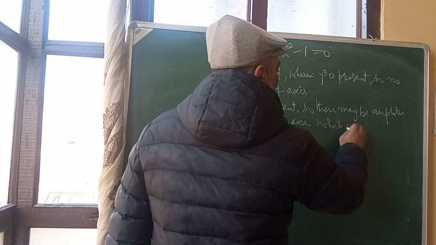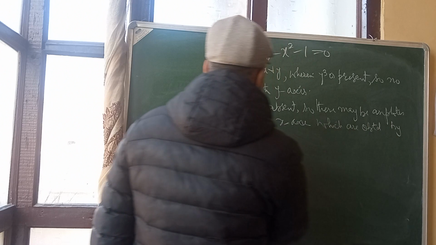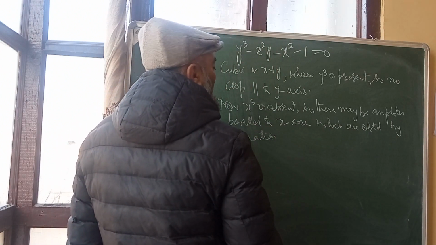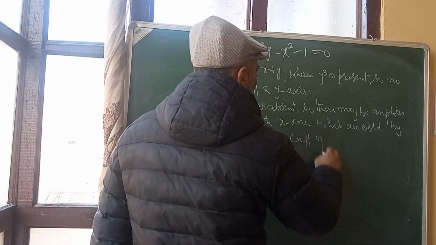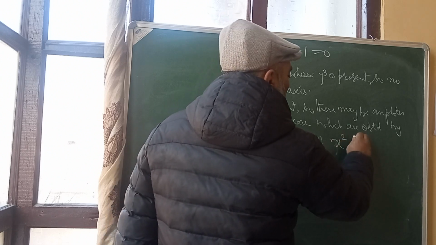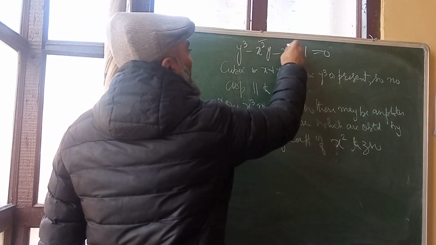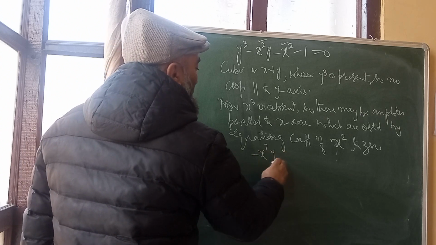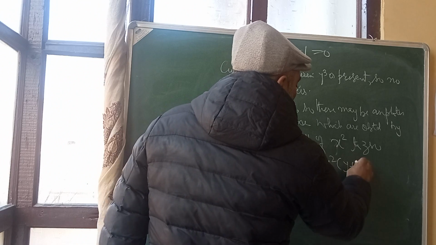Which are obtained by equating the coefficient of next higher powers of x to 0. By equating the coefficient of x square to 0. Now what is the coefficient of x square? You have x square over here, you have x square over here. So it is minus x square y minus x square, means minus x square times y plus 1.